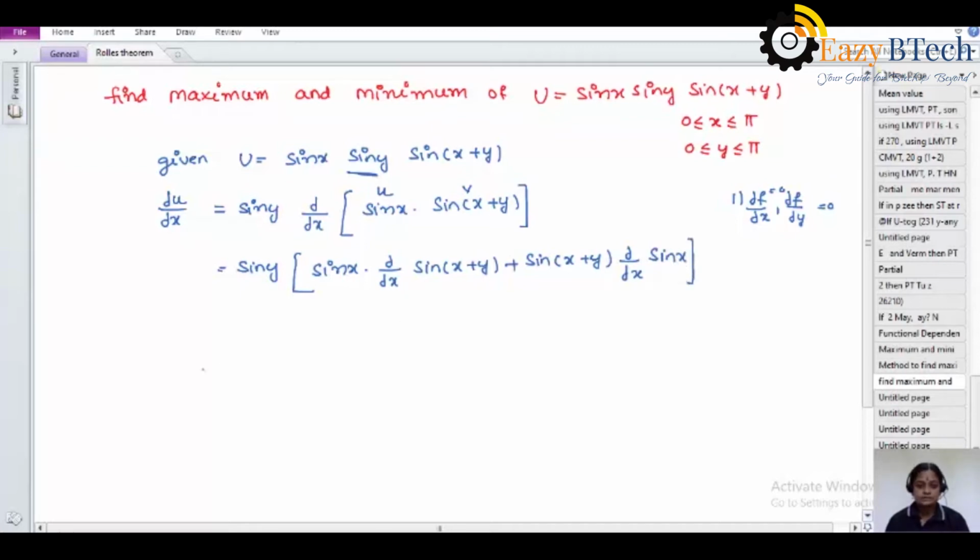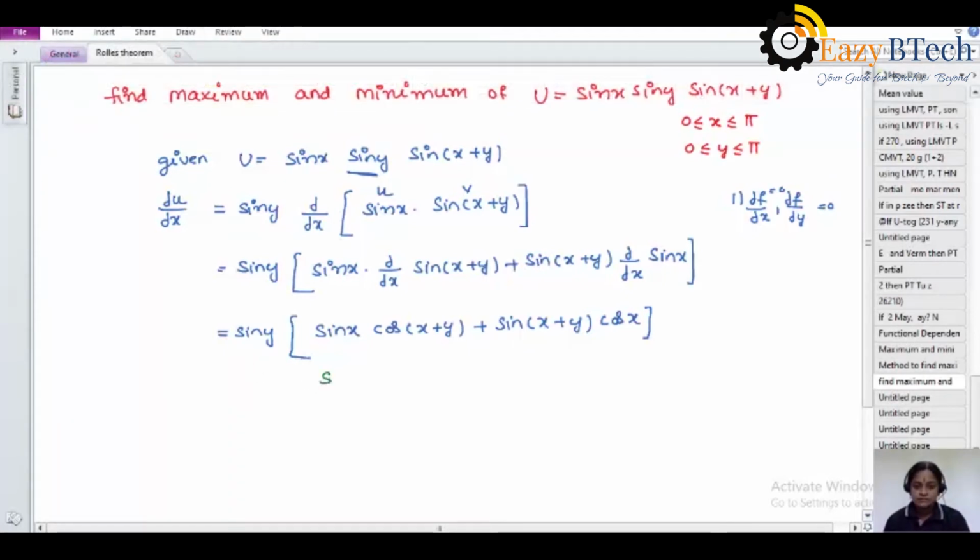Okay students, so now doing the differentiation partially. So sin x, dou by dou x of sin of x plus y, the differentiation of sin is cos, that is cos of x plus y, and plus sin of x plus y into the differentiation of sin x, which is cos x. So here we are using a trigonometric formula to evaluate this one.